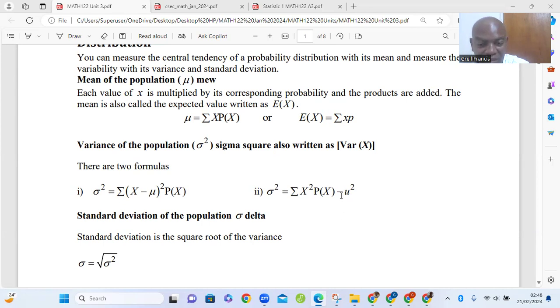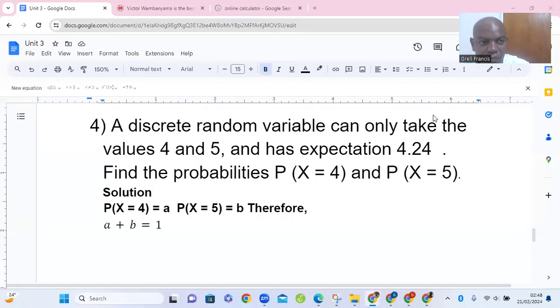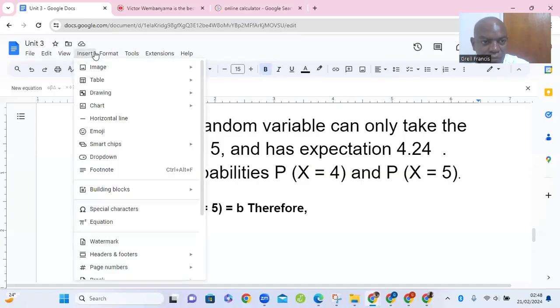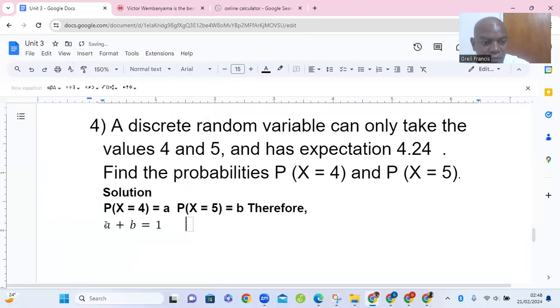So let's apply this. 4 times its corresponding probability, given by A, plus 5 times its corresponding probability given by B, must be equal to 4.24.